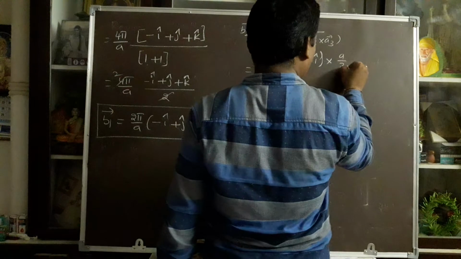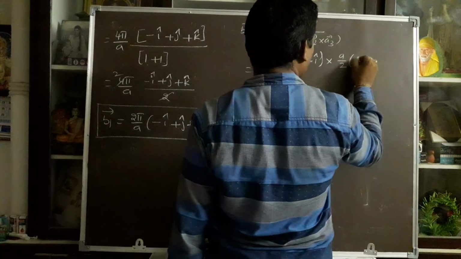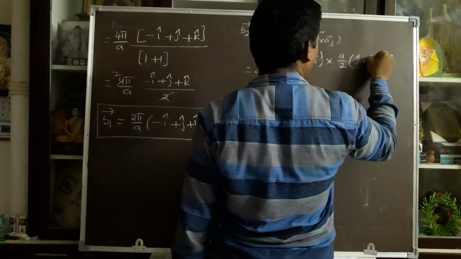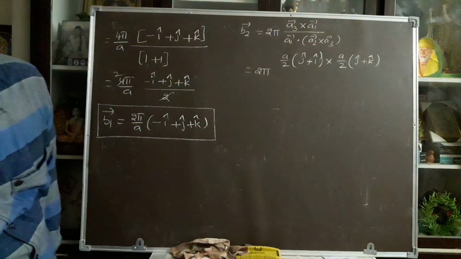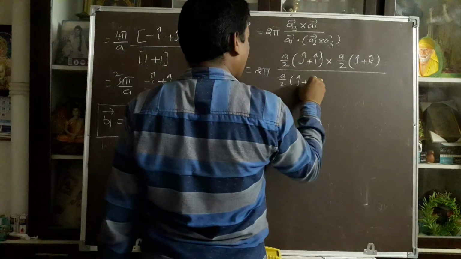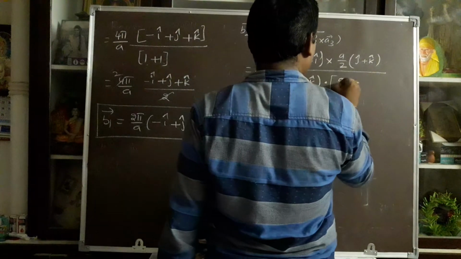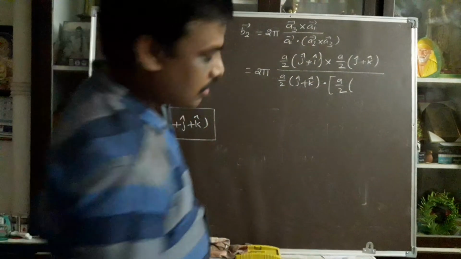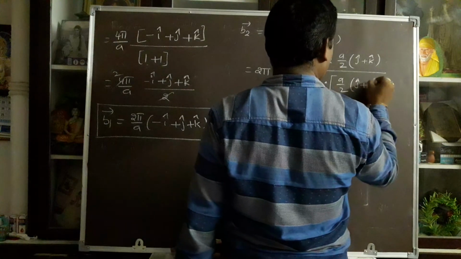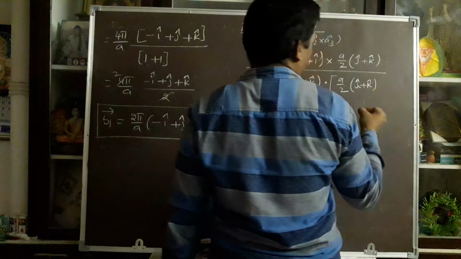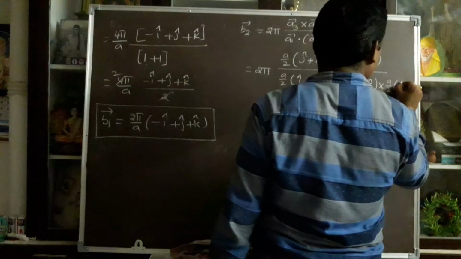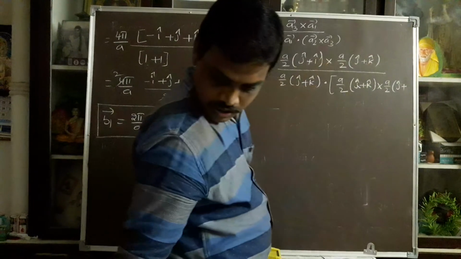Cross a1, which is a/2 into (j cap plus k cap), divided by a1, which is a/2 into (j cap plus k cap), dot a/2 into a2, where a2 is (i cap plus k cap), cross a/2 into (j bar plus i cap).